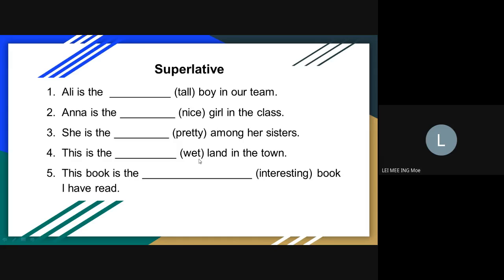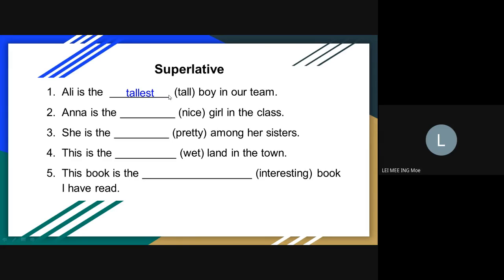Ali is the boy in our team. Can I see your answer please for question number 1? Some of you typed tallest. Is it tallest? All right, good. The answer is tallest.